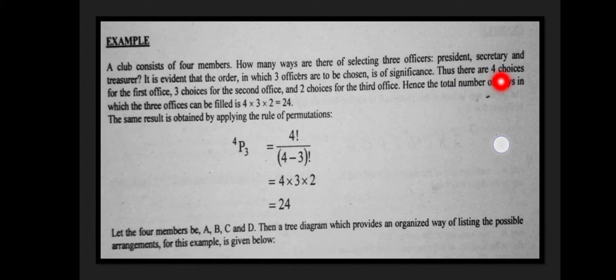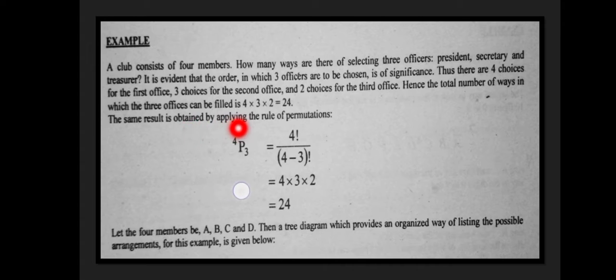Thus, there are 4 choices for the first office. To select the first officer, we have 4 choices. 3 choices for the second office and 2 choices for the third office. Hence, the total number of ways in which the 3 offices can be filled is 4 multiplied by 3 multiplied by 2. That is equal to 24.